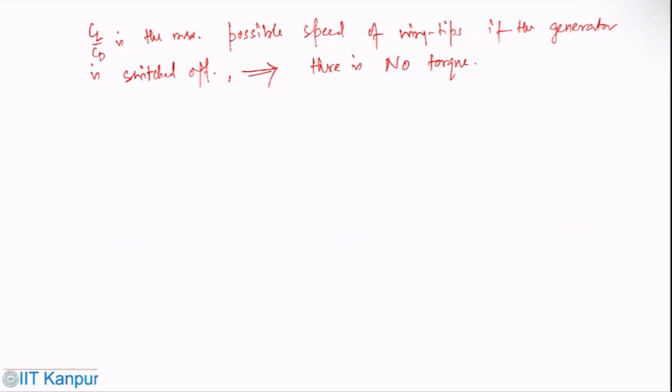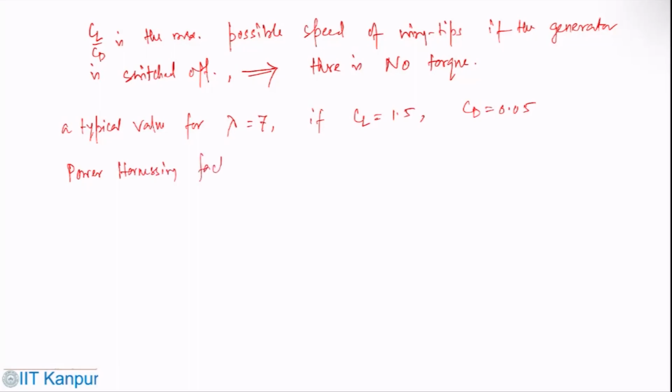So now let's say we take some typical value for lambda equals 7, and let's say C_L is 1.5, C_D equals 0.05, then we can calculate the power harnessing factor, which is lambda square by lambda square C_L minus C_D into lambda.